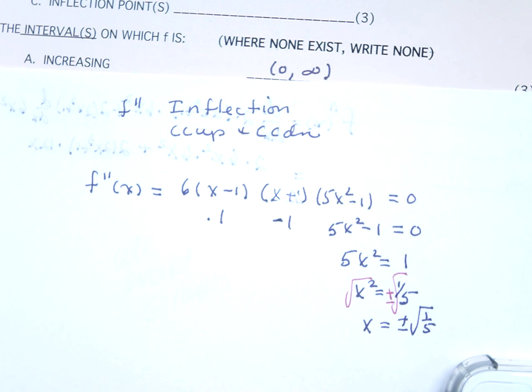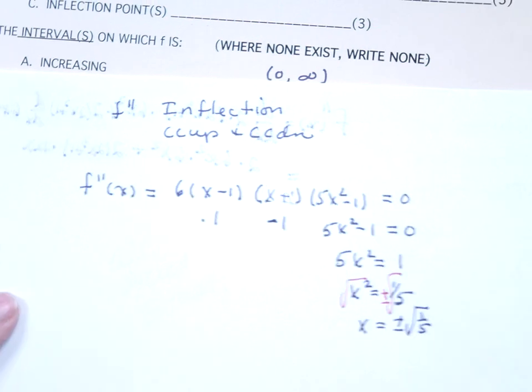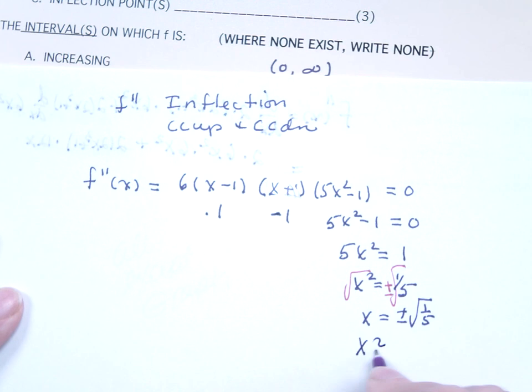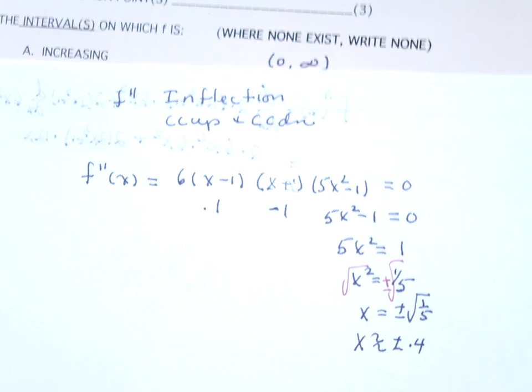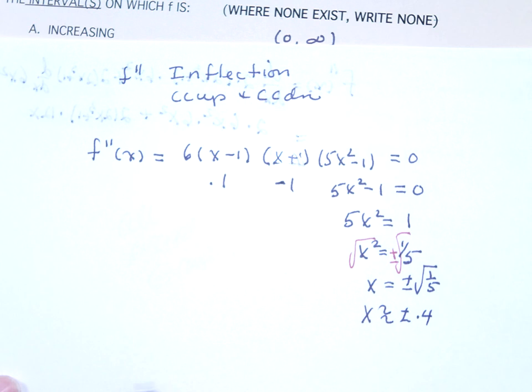So the square root of 1 divided by 5 is going to be about 0.4. And I need that when I'm graphing, because the square root of 1/5 has no meaning on a graph. So now I've got 4 critical numbers, all multiplicity 1, by the way.